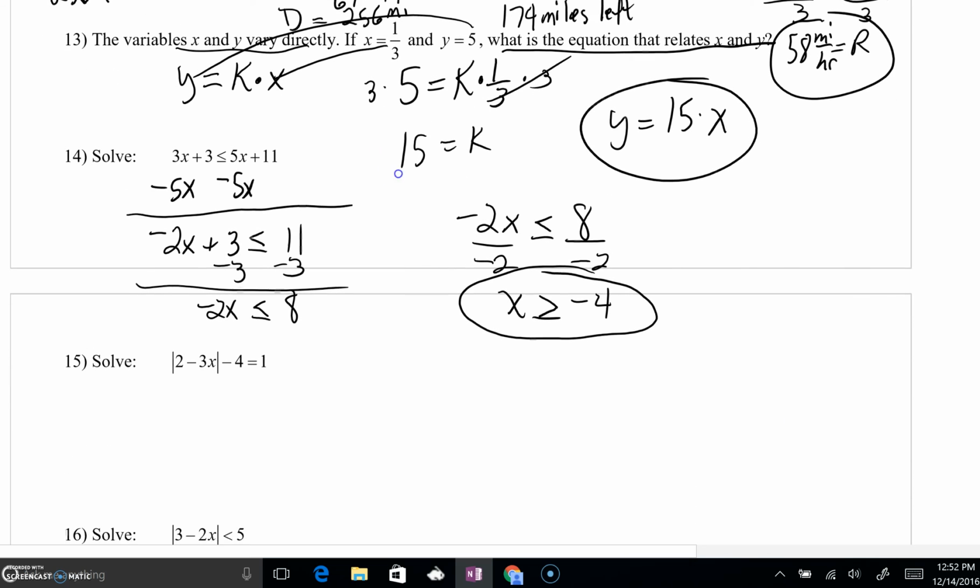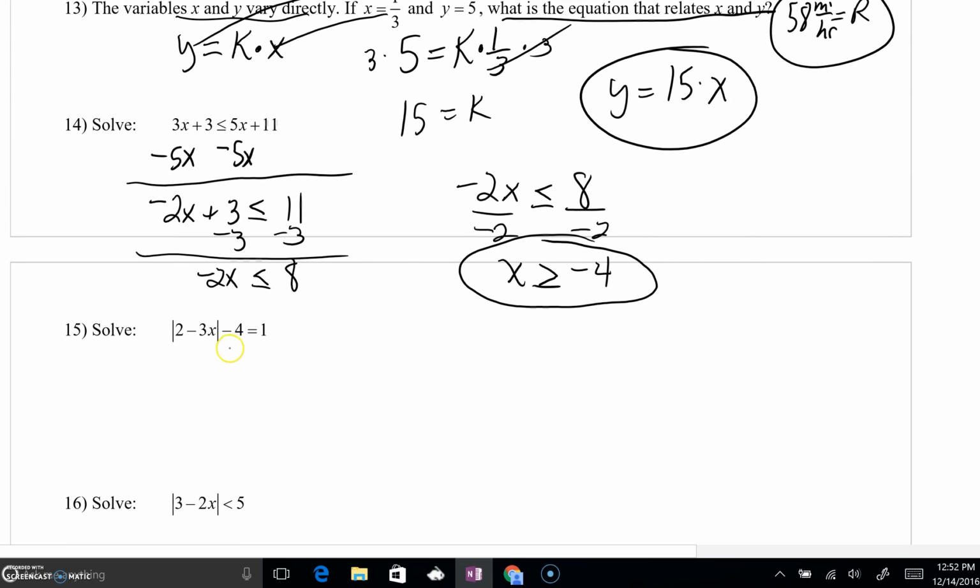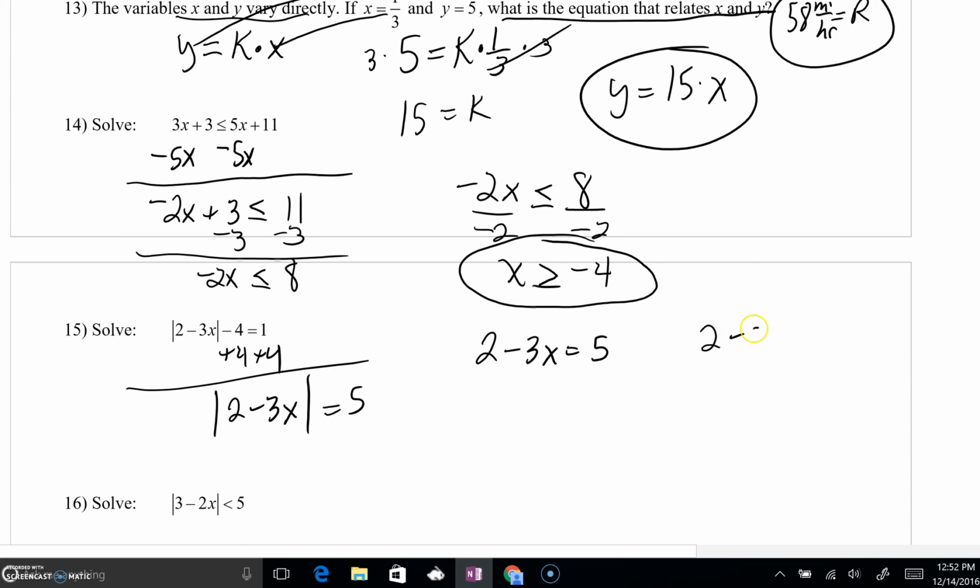Let's move on to number 15. Get your absolute value alone. Let's add a 4 to both sides. We'll have 2 minus 3x is equal to 5. Our little mnemonic has been 2 bars, meaning that we'll have 2 equations. First equation, just write 2 minus 3x equals 5. Second one, let's write 2 minus 3x equals negative 5.